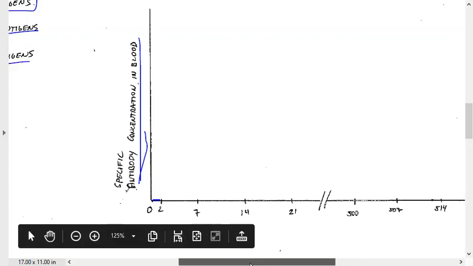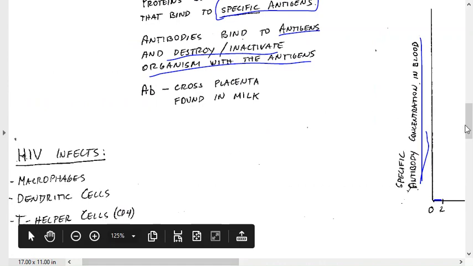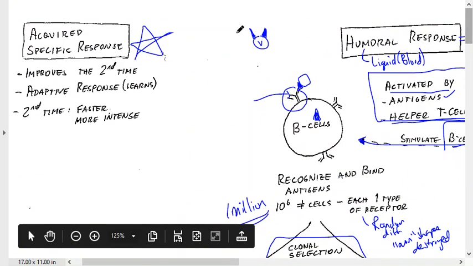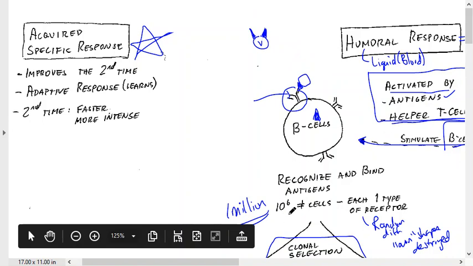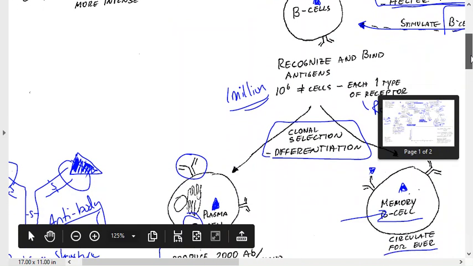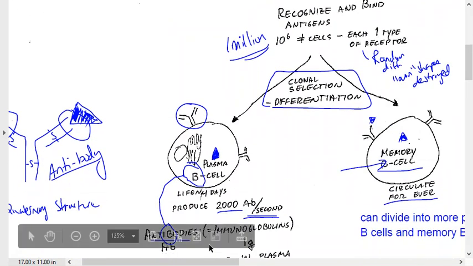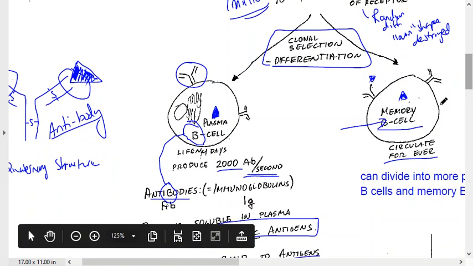But eventually, by chance, because these things are just moving around in the bloodstream, the virus or the bacteria will bump into a B cell, and the antibody and the antigen will match, one of the millions of B cells in your body. That's when the antibody response really ramps up, because your B cells start dividing and make plasma B cells that make antibodies.